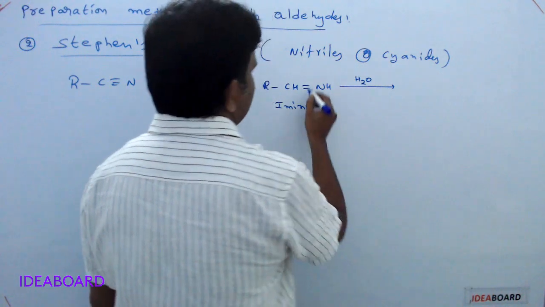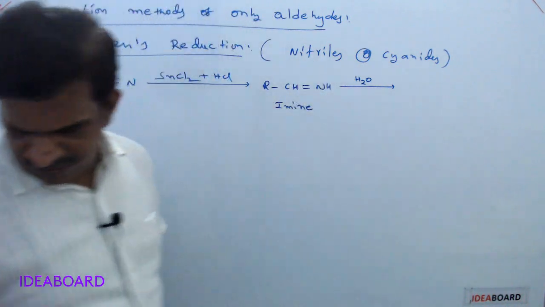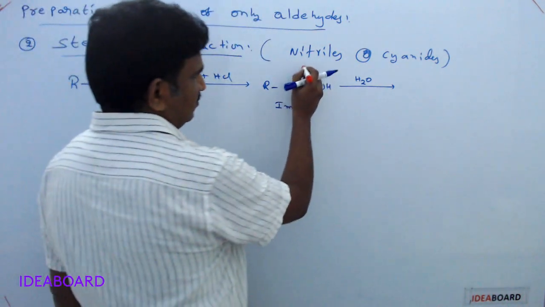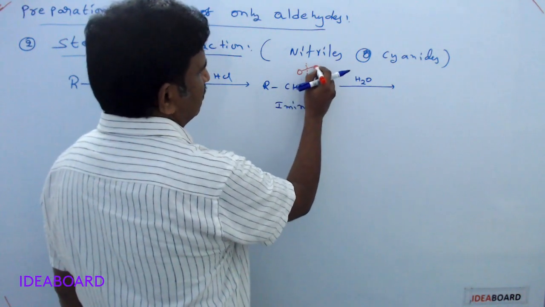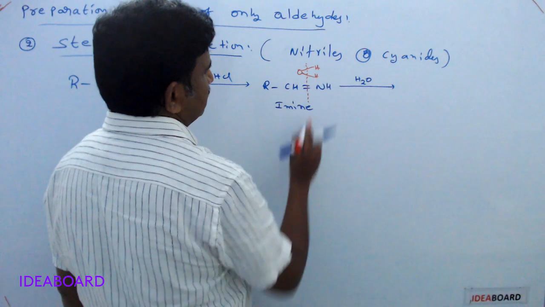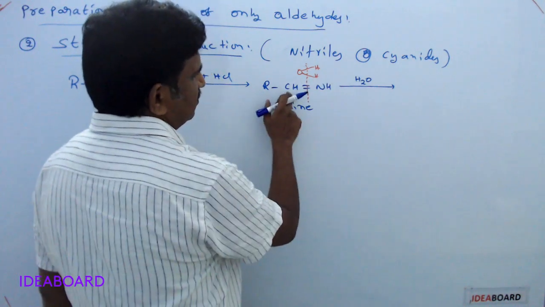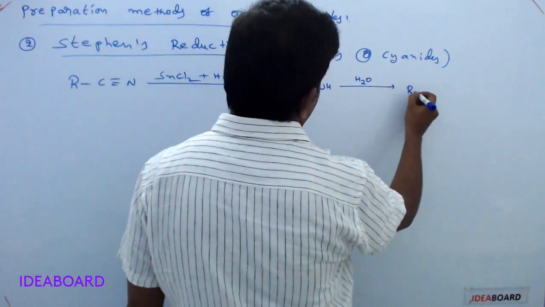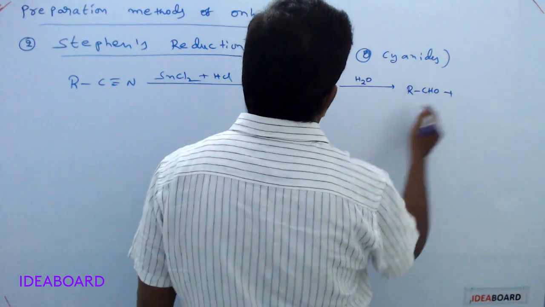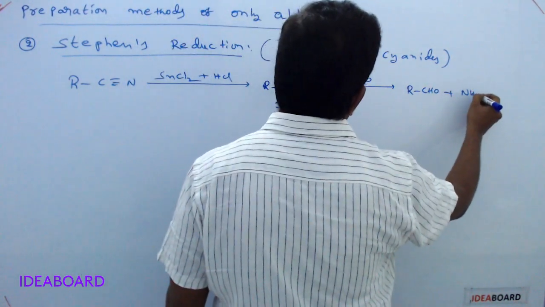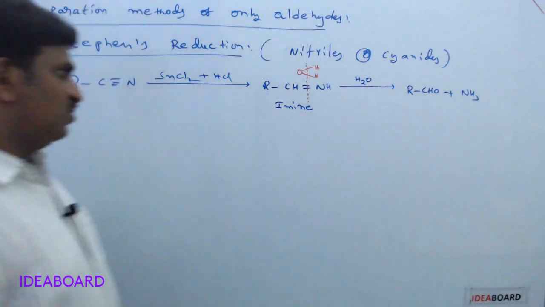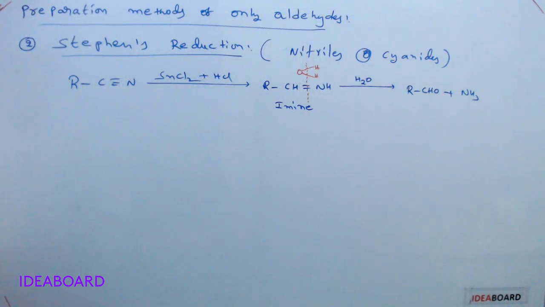Here we can write the direct reaction by just breaking this bond, with O and two H added. Then RCHO aldehyde plus NH3 is formed. So aldehyde and ammonia are formed.